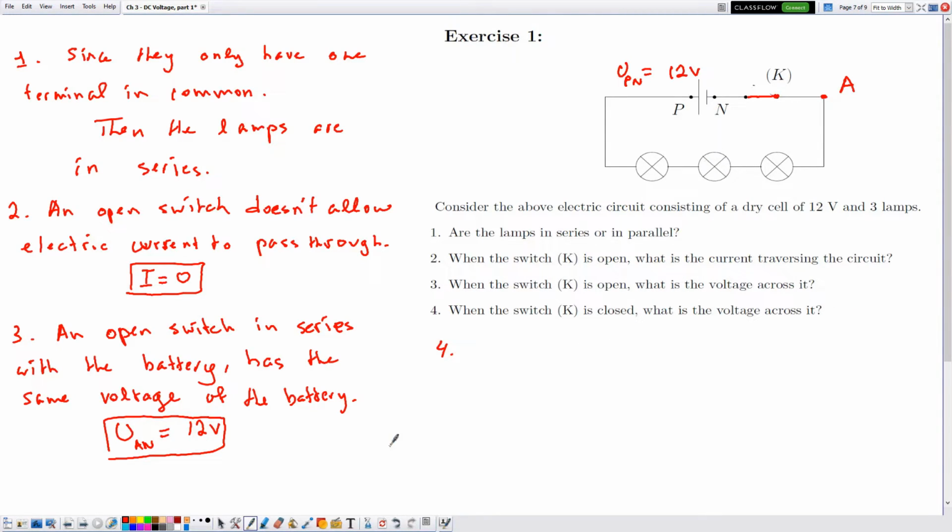Independent of the voltage of the battery, we know that the voltage across a closed switch is 0, because it acts as a connecting wire.